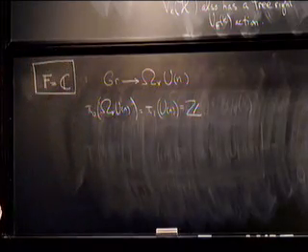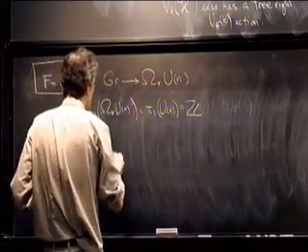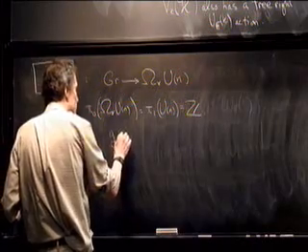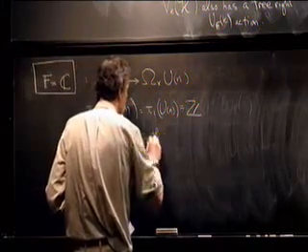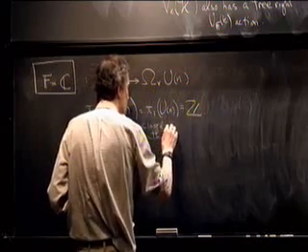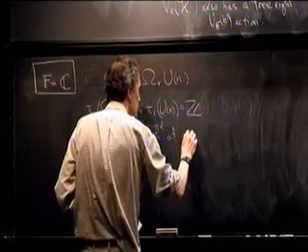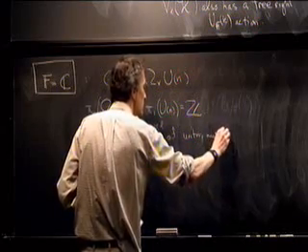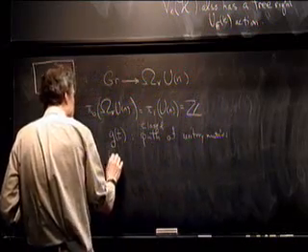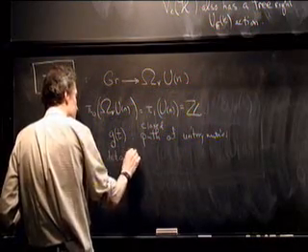This is a very intuitive thing. If I have a closed path of unitaries, G of t, then I can take the determinant of that G of t.